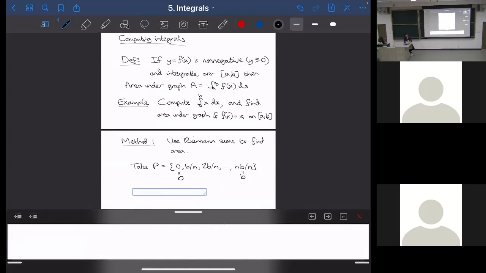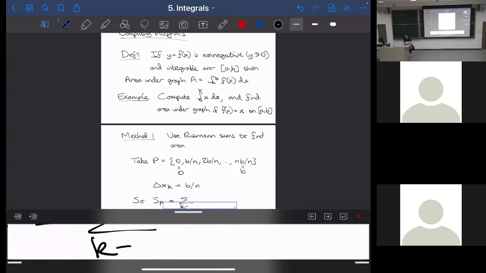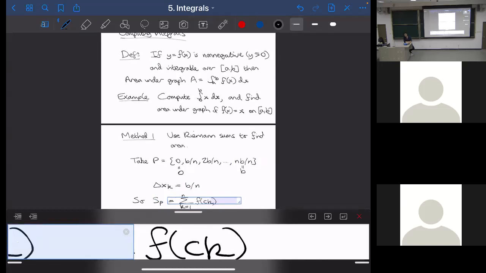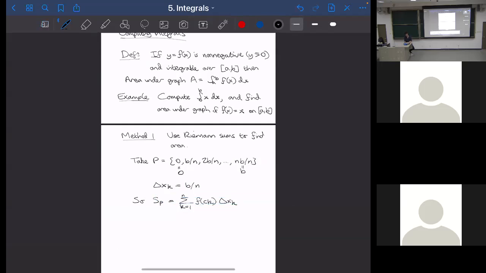Now, we have that all the intervals are size b over n in this partition. So the Riemann sum, S_P, is a sum from k equals 1 to n of the value at some c_k times the width of the interval.